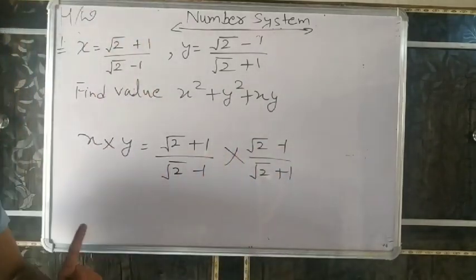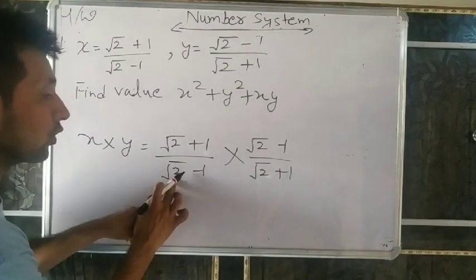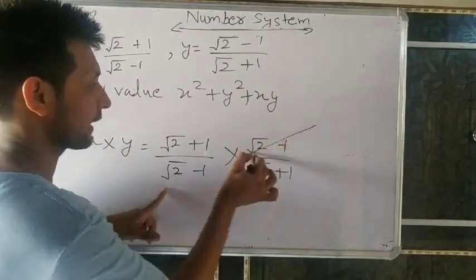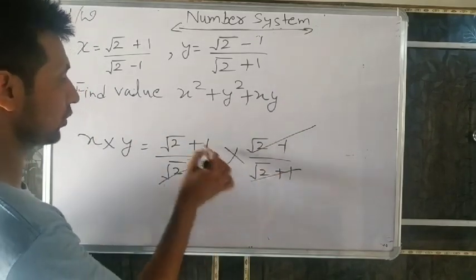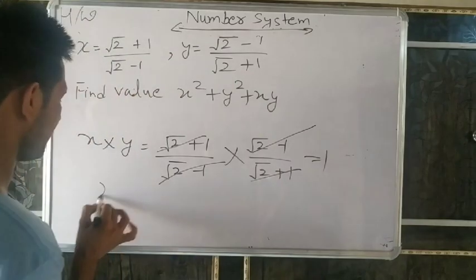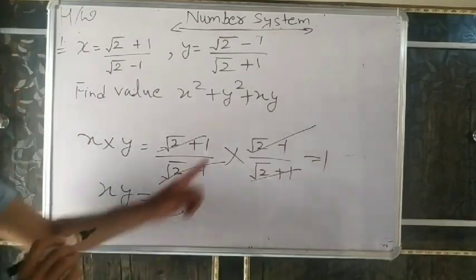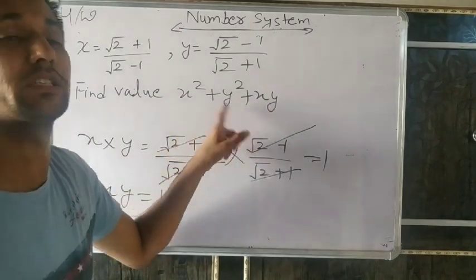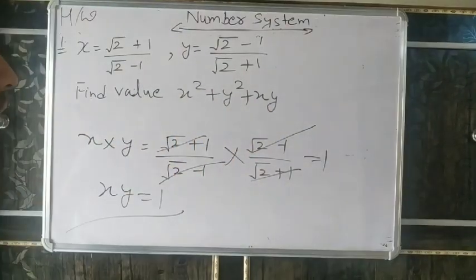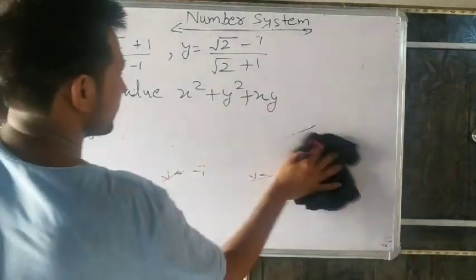In multiplication, root 2 minus 1 cancels and root 2 plus 1 cancels. What is the answer? 1. So xy value is 1. Put 1 in xy. Find the values of x square and y square the same way as in the first example we already found. So this is the first question.